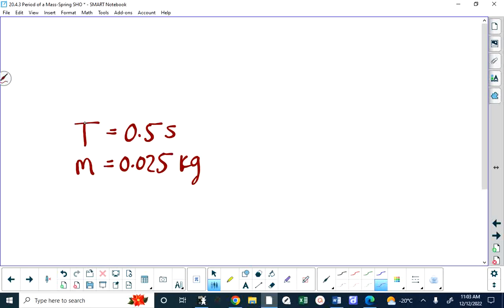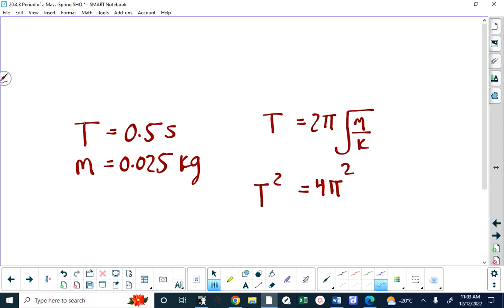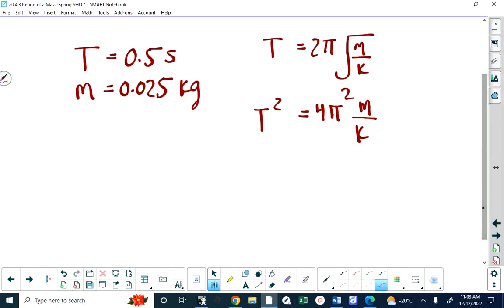Okay. So I've got T equals 2 pi root m over k, which means T squared equals 4 pi squared m over k. You're okay with that? I'm going to cross multiply to get kT squared, or multiply both sides by k, however you want to justify this move.